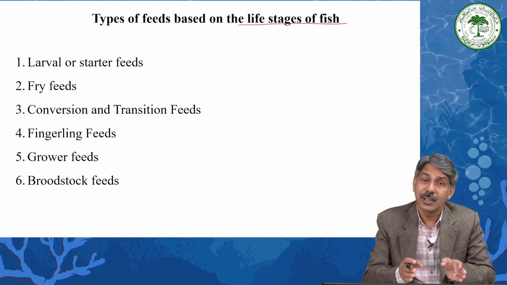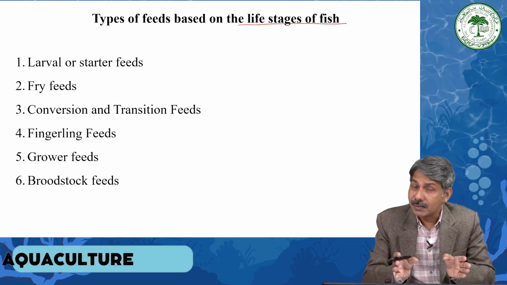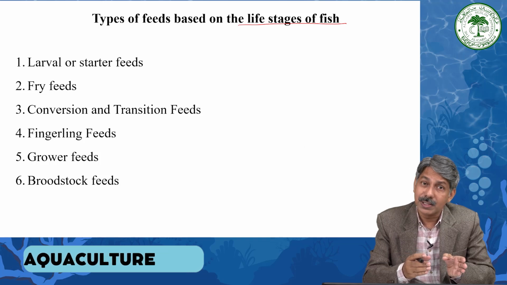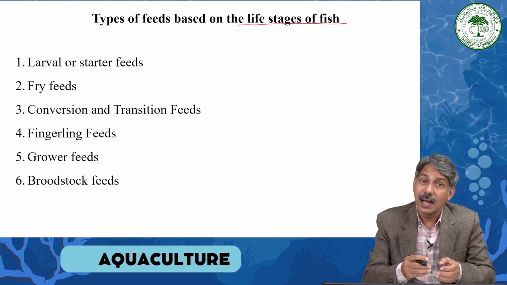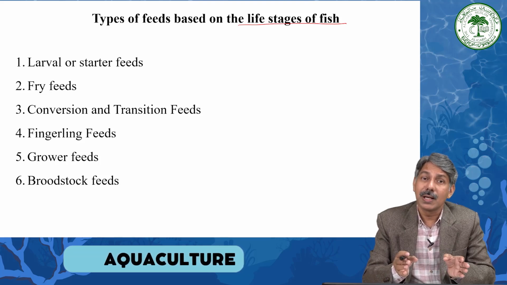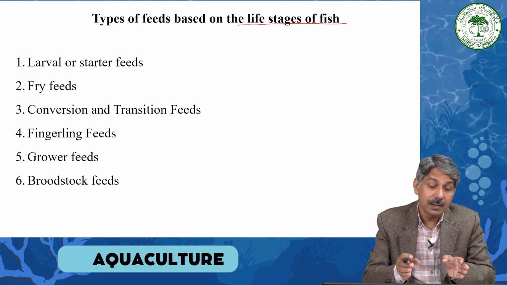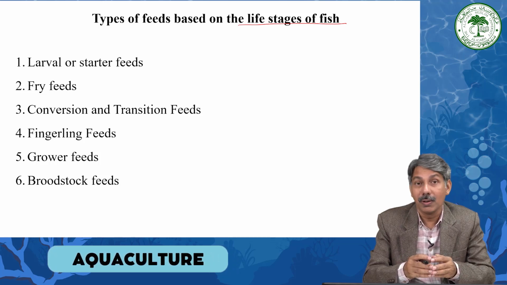For example, I have seen farmers who are just broadcasting the powdered form of feed ingredient that they have. Sometimes only one feed ingredient, only rice bran or wheat bran, or sometimes they mix it with oil cake, and again it is broadcasted no matter which life stage they have. And by doing this, it may not be appropriate for all the life stages.